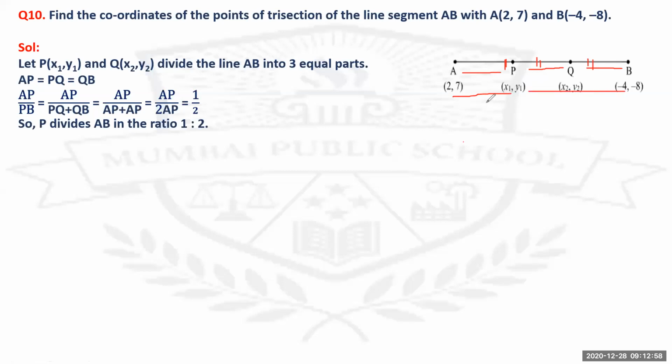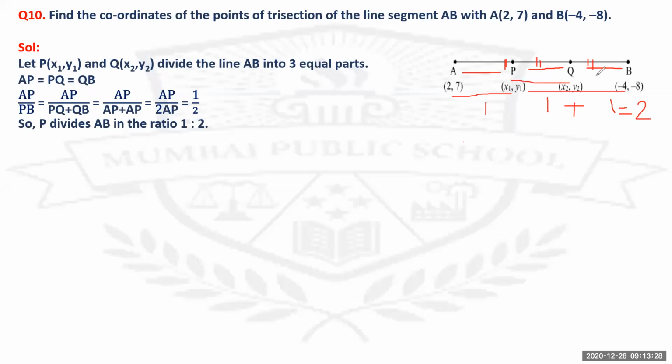AP is one part, PQ is one part, and QB is one part. So AP is 1, and PB becomes 1 plus 1, which equals 2. So when you find the ratio AP upon PB, you'll get 1 upon 2. Check, AP upon PB equals AP upon (PQ plus QB).